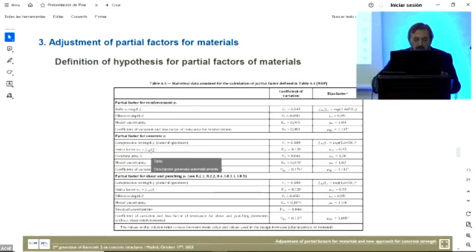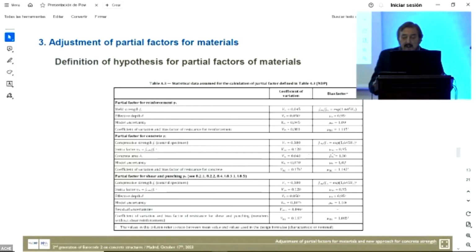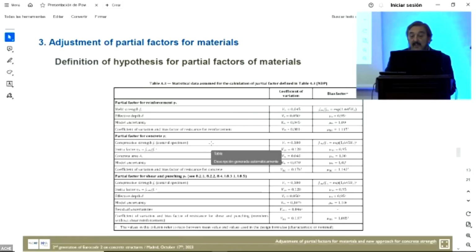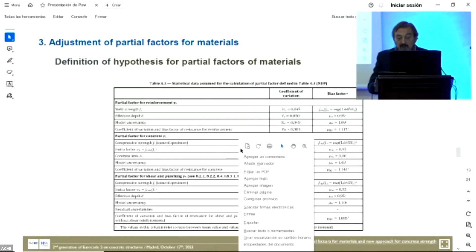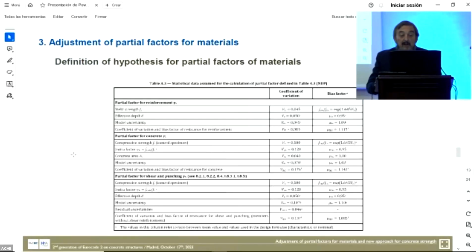So, for example, for concrete, we have for compressive strength a variation coefficient of 0.1 and a bias factor with this exponential relation. These are the data to calculate the gamma C coefficient. If we have another coefficient of variation in our problem, we may change it, as we are going to see after. But we know what the bases of our coefficients are.